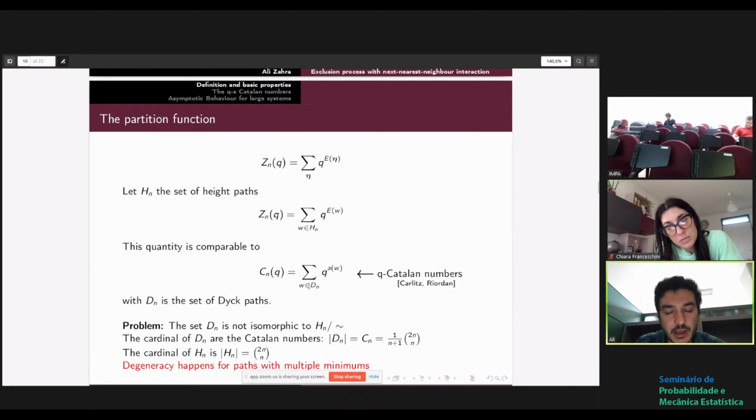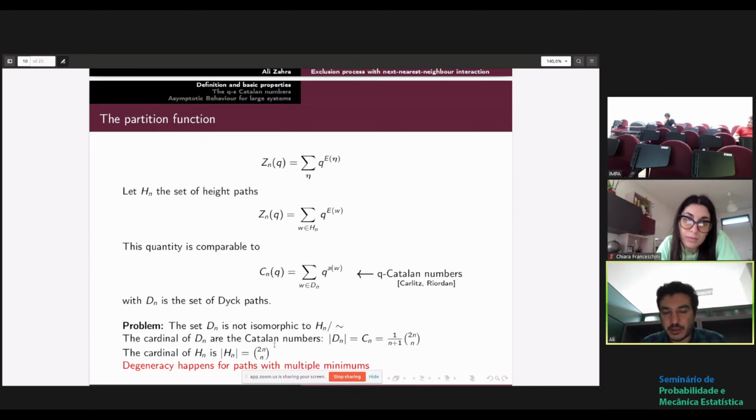Okay, so here I sum over all D_n, the set of Dyck paths. But the problem is that these two sets, the height paths and the Dyck paths, are not isomorphic. Actually, they don't have the same cardinal. So the cardinal of D_n is the Catalan number, which is given by this expression, 1 over n plus 1 times 2n choose n, while of course the cardinal of the height paths is just 2n choose n.